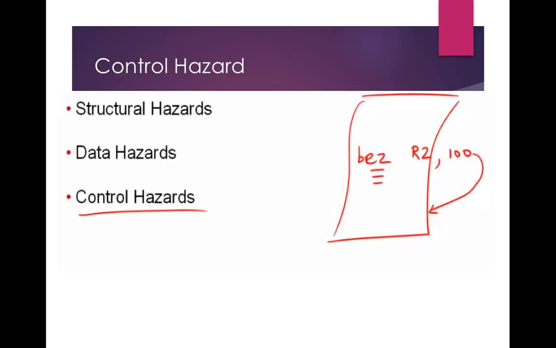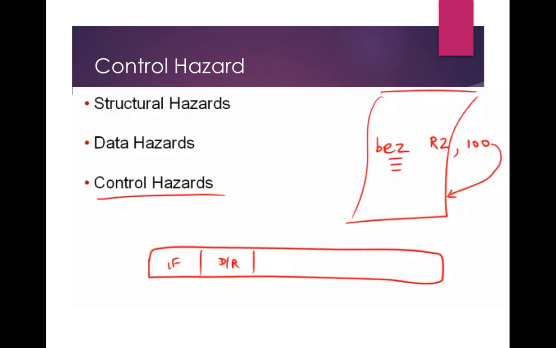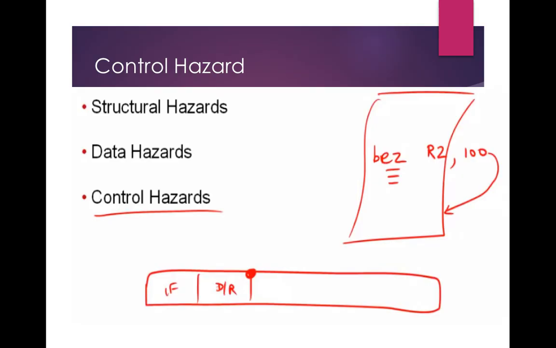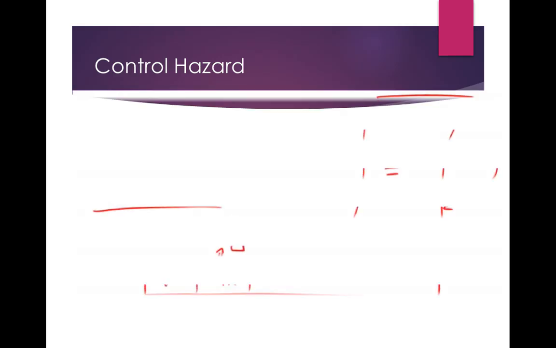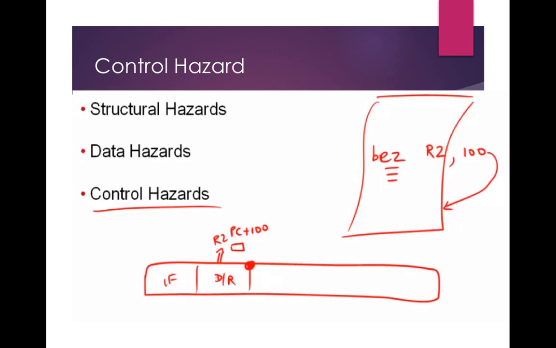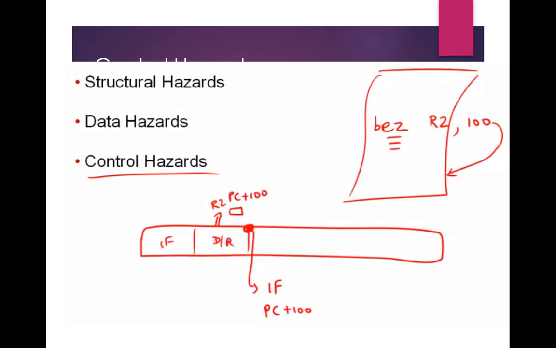The control hazard mainly occurs whenever a branch instruction occurs. We know only during execution, but we have already tried to decode the next instruction. At the decode and register read of clock cycle 2, that is the time we know it is a branch instruction. Initially the program counter value is incremented by 4, but now we know we have to increment by 100 because it is a branch instruction.